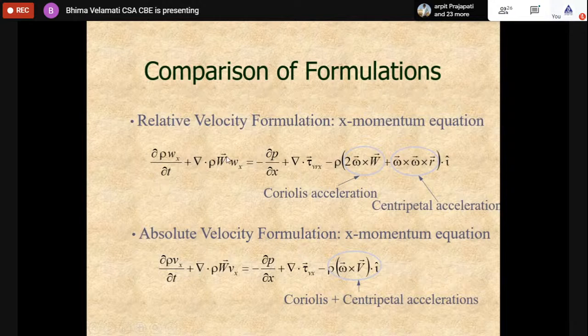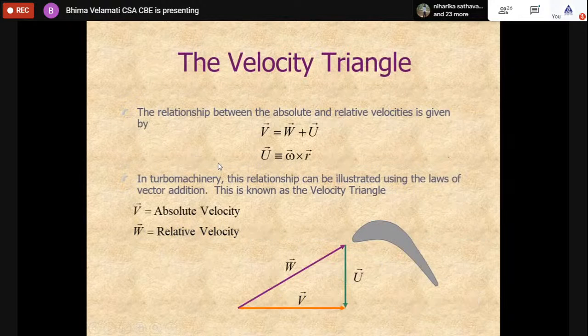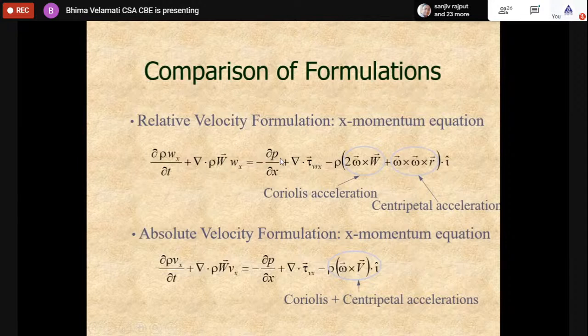And all these will have a velocity which is the relative velocity, that is this W. So everything will have W. Plus there will be two acceleration terms. Because I'm solving in a relative velocity frame or rotational velocity frame, you will have two acceleration terms that get added.